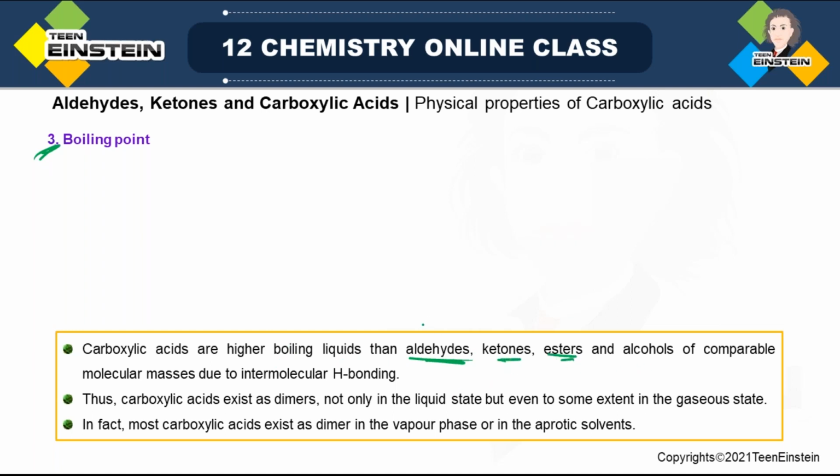So if I write the general structures, aldehyde is RCHO, ketone is RCOR if it is symmetrical, ester is RCO2R, and alcohol is ROH.